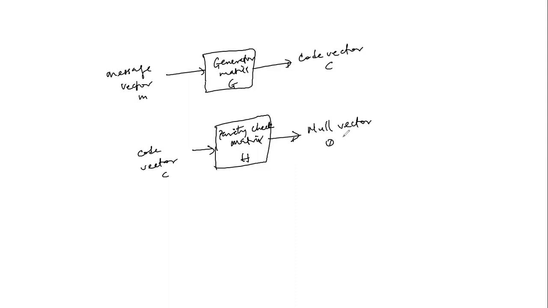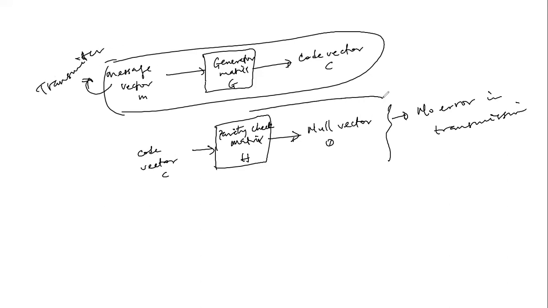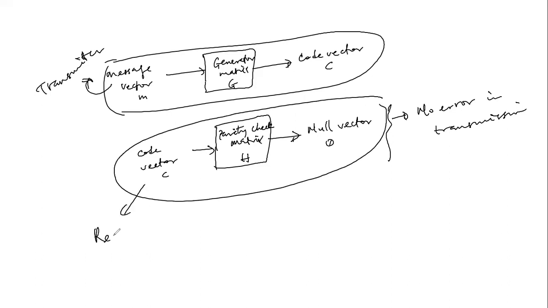And should it generate a null vector 0, then the implication is that there is no error in transmission. So while this operation is performed at the transmitter, this function is performed at the receiver.